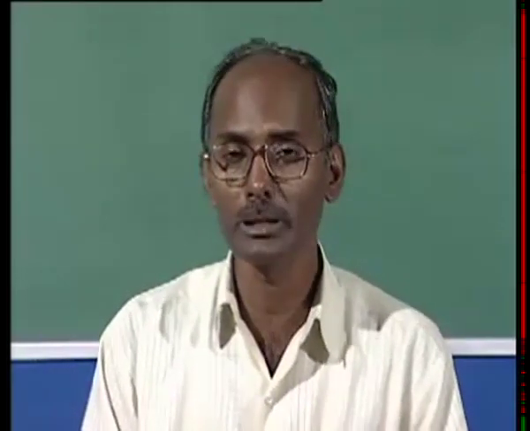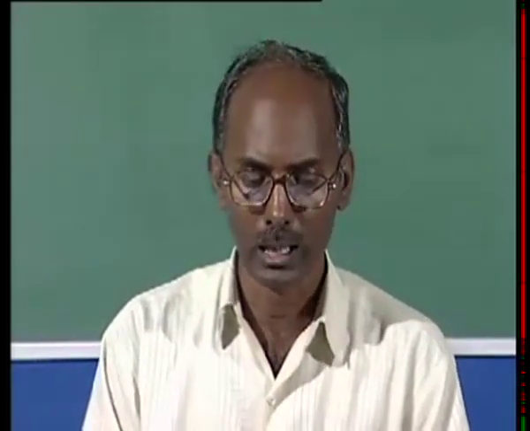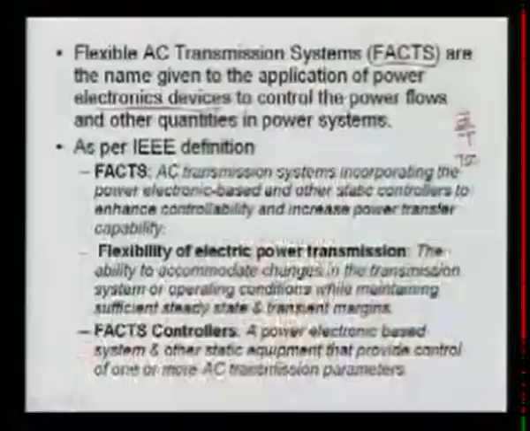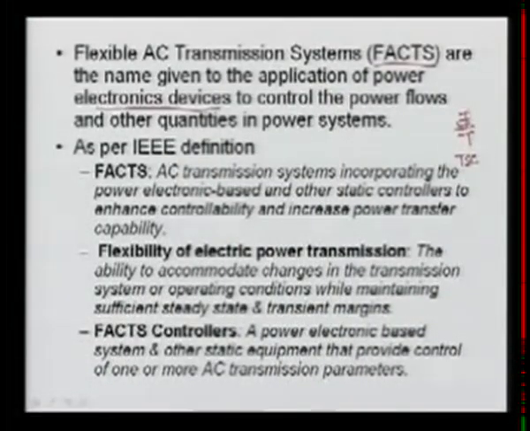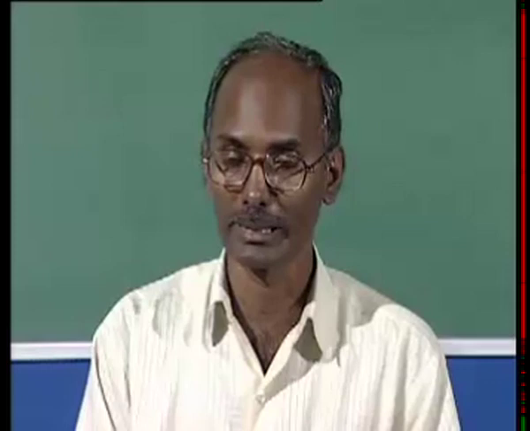As per the IEEE definition, to avoid any confusion, IEEE gave a definition that FACTS is an AC transmission system incorporating power electronic based and other static controllers to enhance controllability and increase power transfer capability. This means we can control some of the power system quantities.